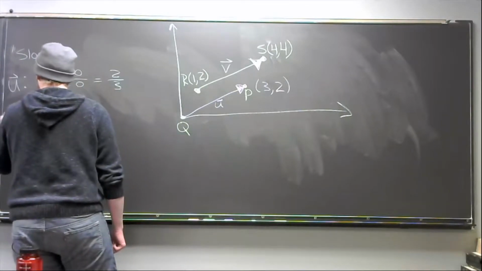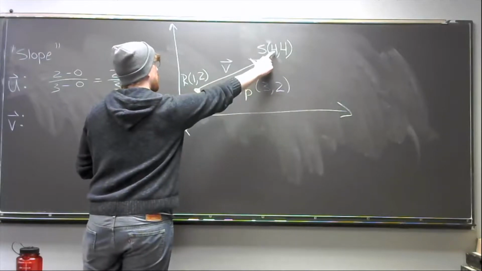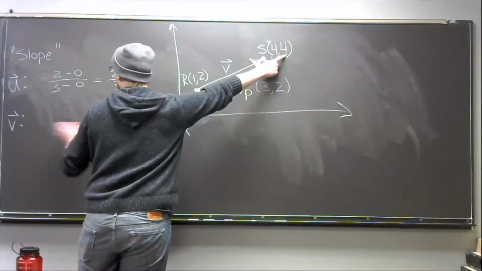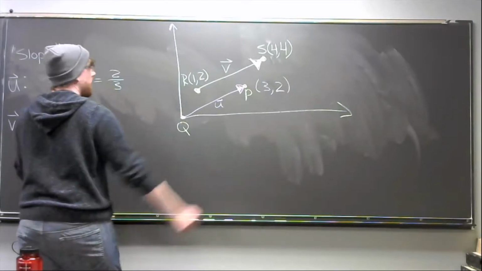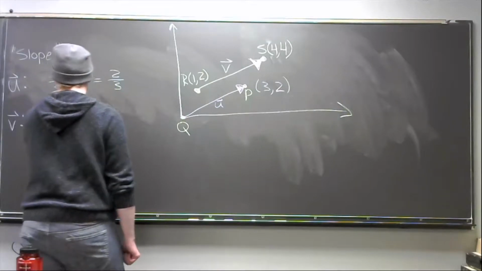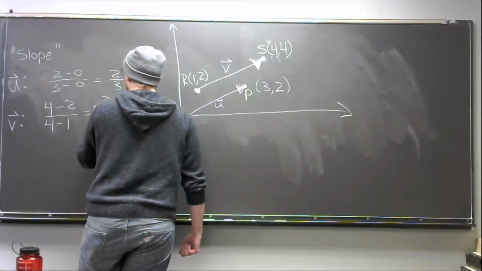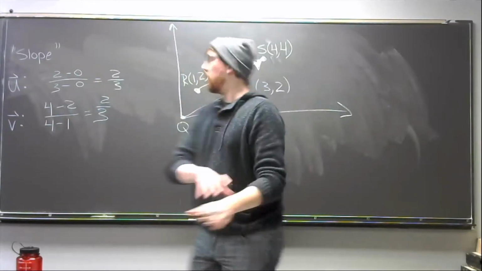And the slope, the slantedness of V would be 4 minus 2 divided by 4 minus 1. Or, again, 2 over 3. Now, how did I do that? What did I just do here?